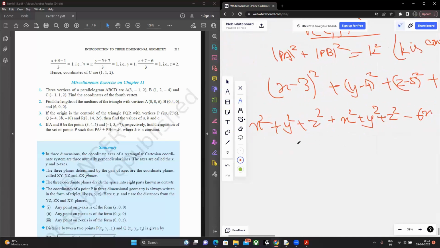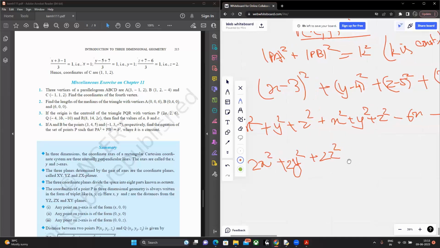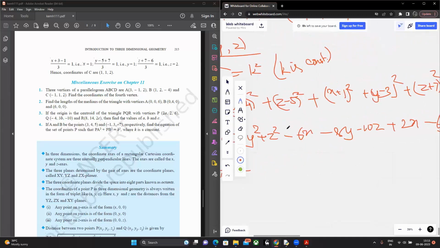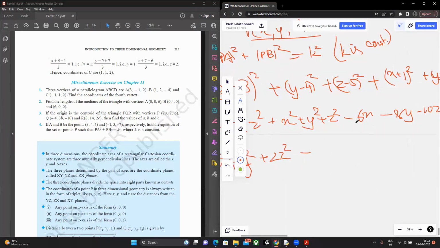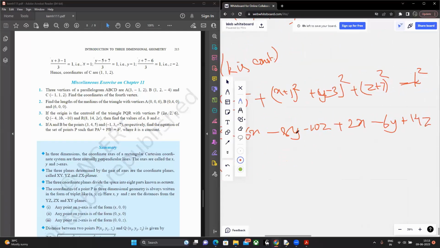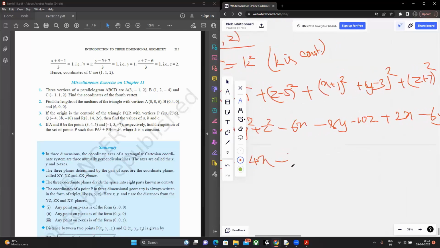Then basically, collating all like terms, I can write this as 2x squared plus 2y squared plus 2z squared, right? Minus, this is 6 plus 2x, that is going to be minus 6 plus 2, that is going to be minus 4x, right? This is minus 8 minus 6, that is going to be minus 14y.